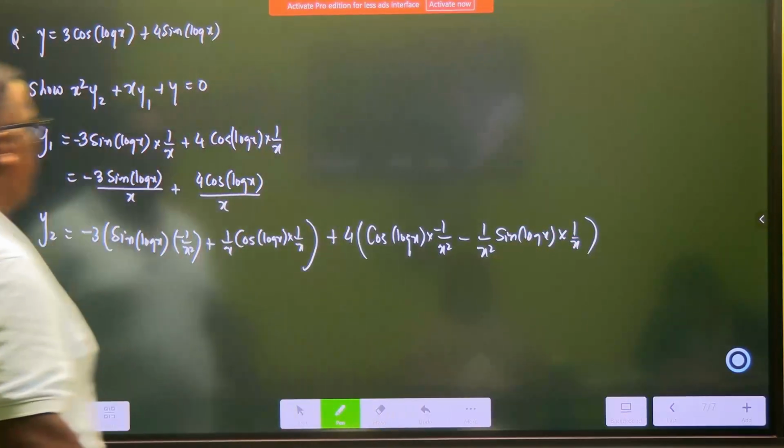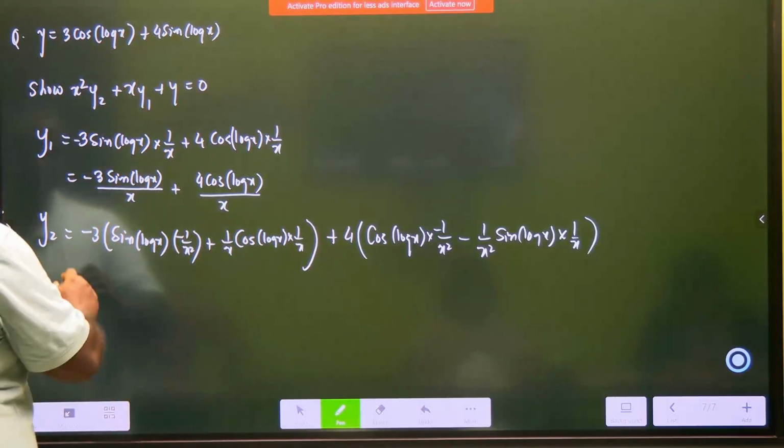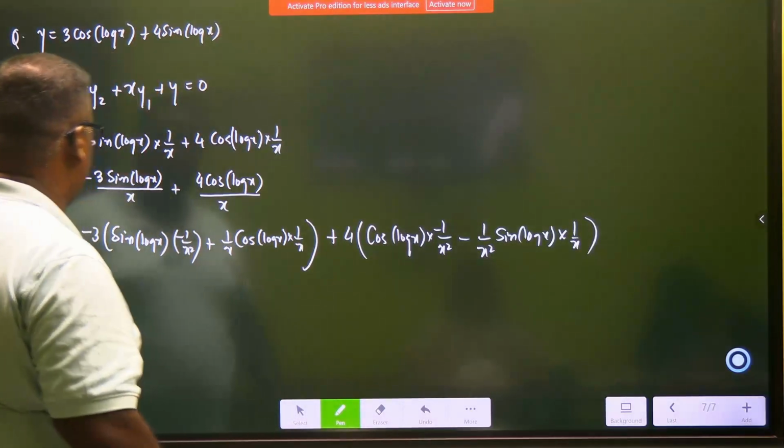Shall we clean this up a bit? If you clean it, what do you get? You have a sine log x term there also.